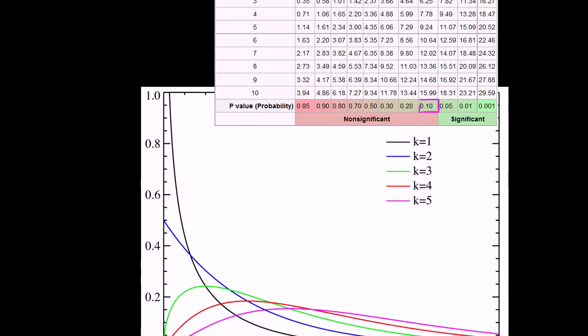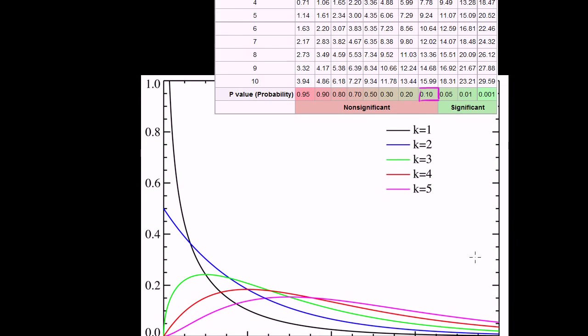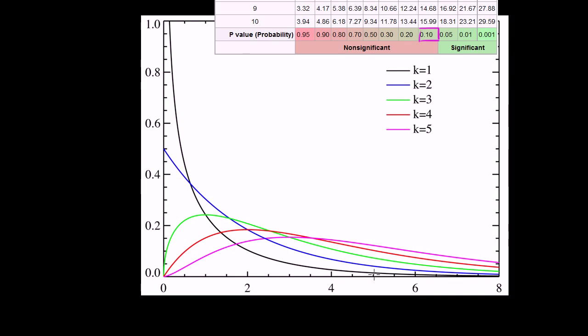So another way to visualize this, if we look at the chi-square distribution with 2 degrees of freedom, that's this blue one over here, at a critical value of 4.60. So 4.60, this is 5, so 4.60 will be right around here. At a critical value of 4.60, you have the probability of getting something at least that extreme, so that extreme or more extreme, is 10%. This is what we care about.